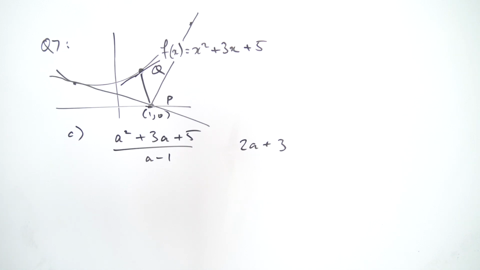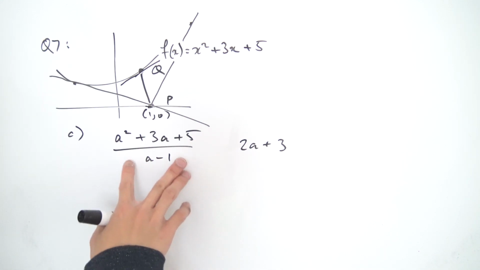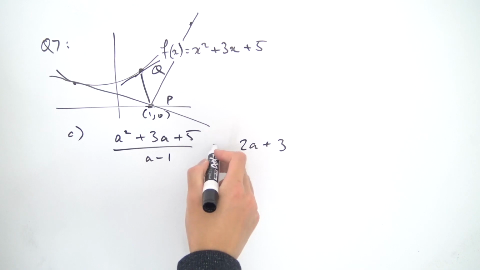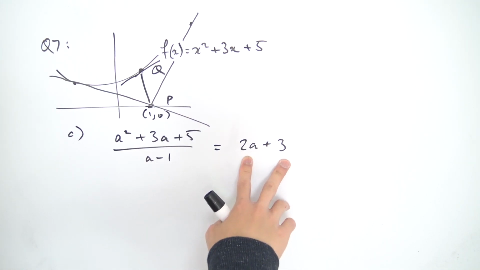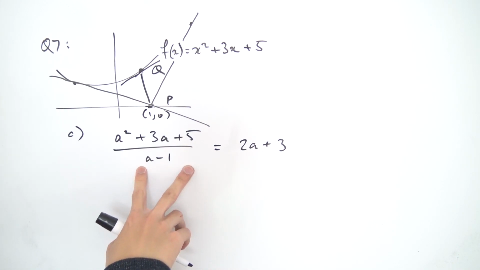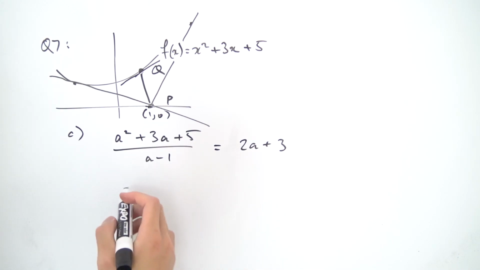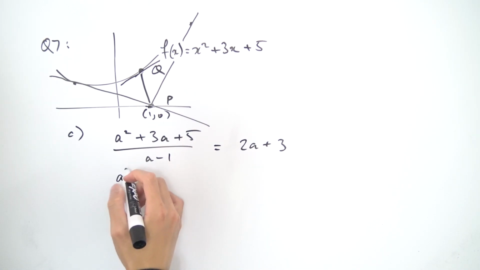So if you have some point that's both a tangent to f of x and it has this gradient, and it also passes through point P, so the line also has this gradient, that means these two expressions must be the same because one has to be a tangent and two has to pass through point P. So this is a simple quadratic we can work out.